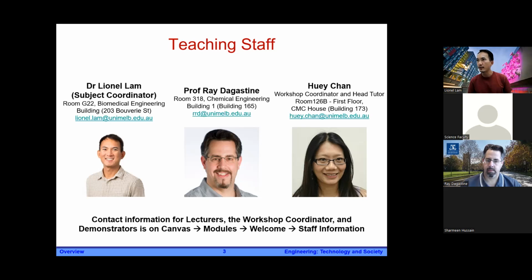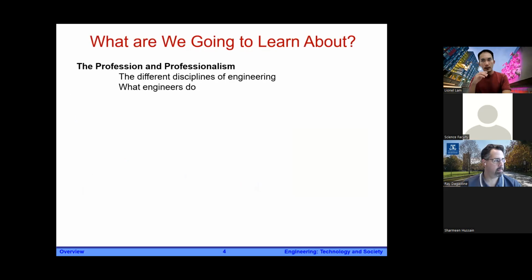All right, so moving on, what are we going to learn about in this subject? The first thing you're going to learn about is the engineering profession and how to be a professional engineer. So we're going to be talking about the different disciplines of engineering and how they need to work together in order to solve a complex engineering problem. What do engineers do, for example?